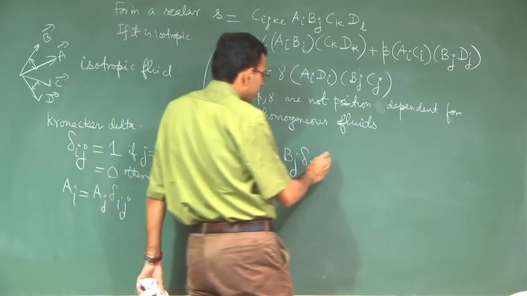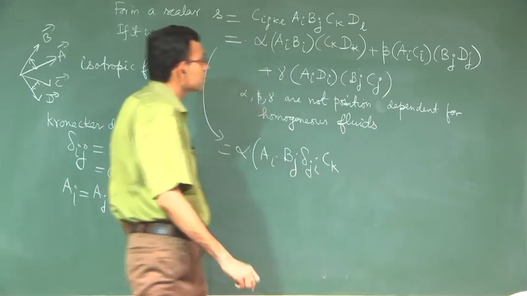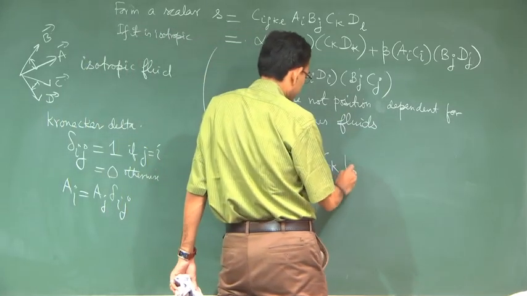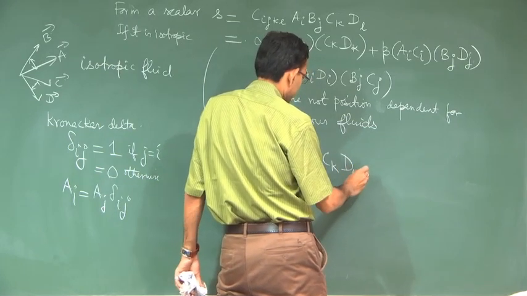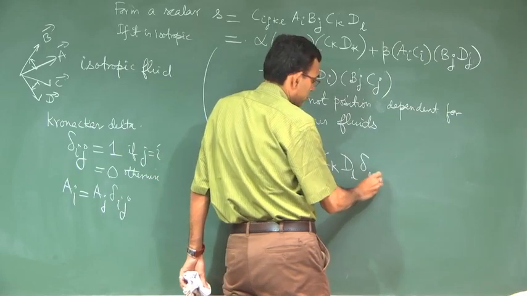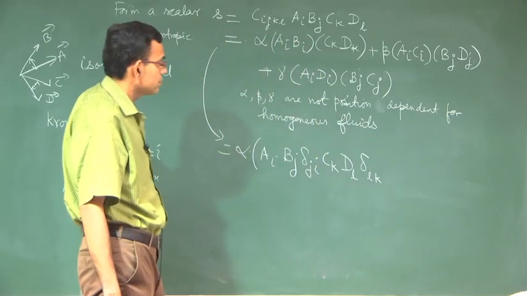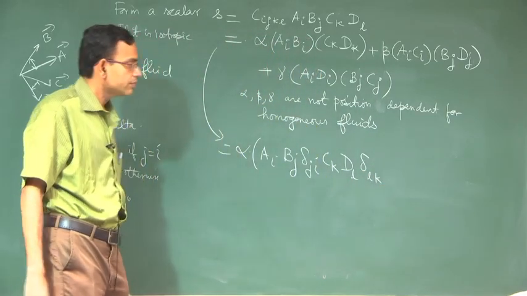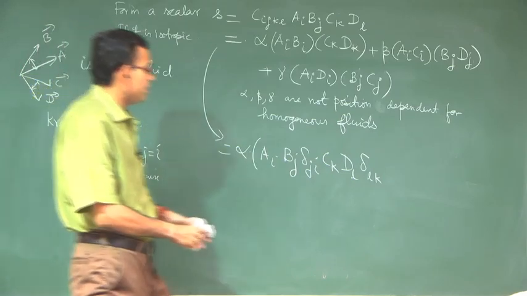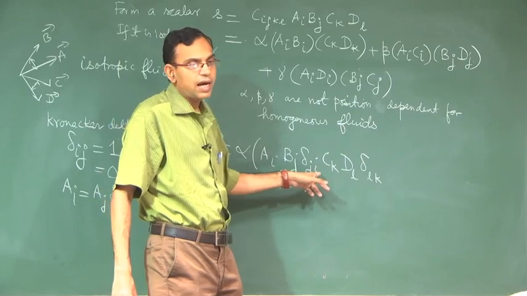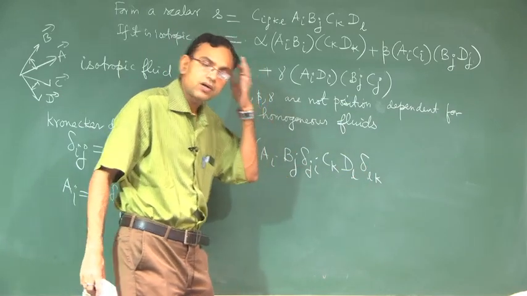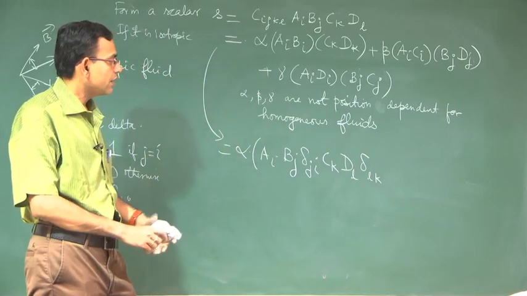Then Ck, then Dl. It does not matter because delta ij is symmetric; you could write delta ij or delta ji, or delta lk, delta ki, all of these. That is the symmetry of delta ij.